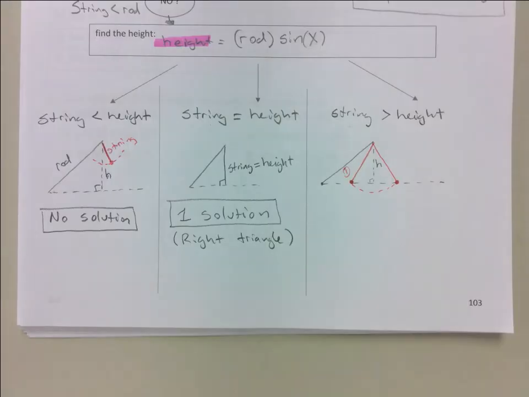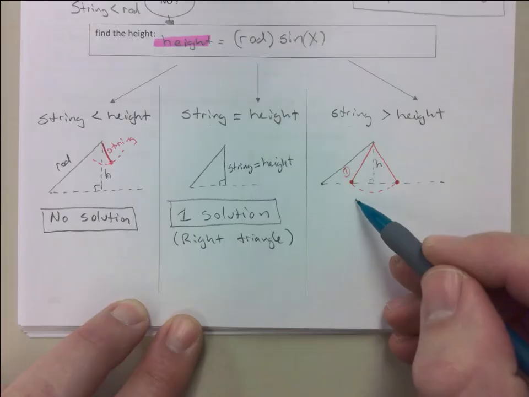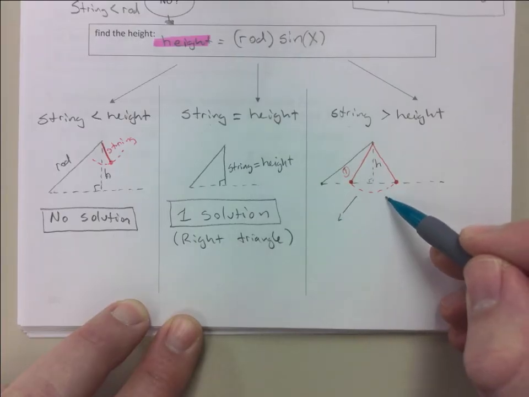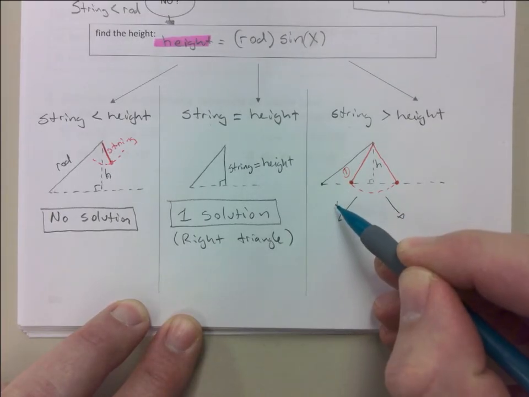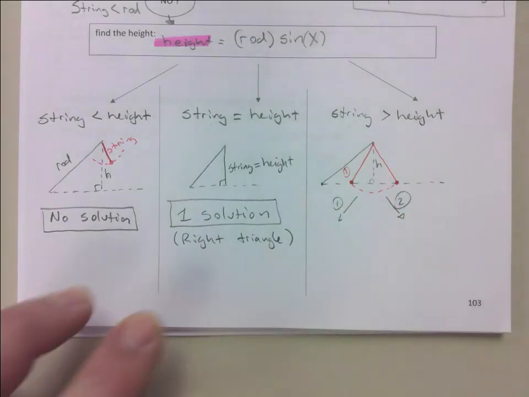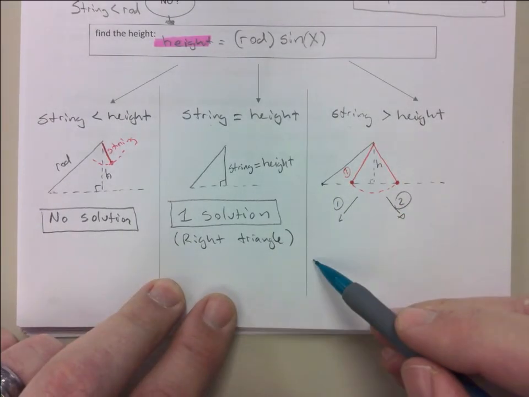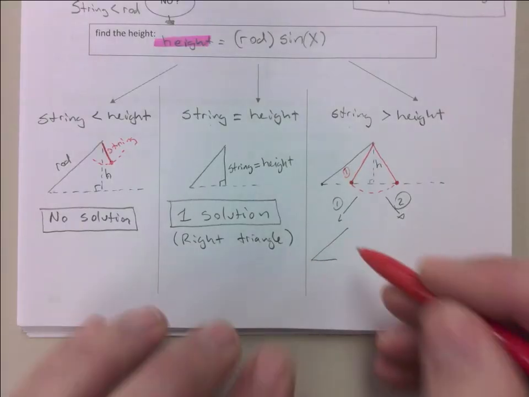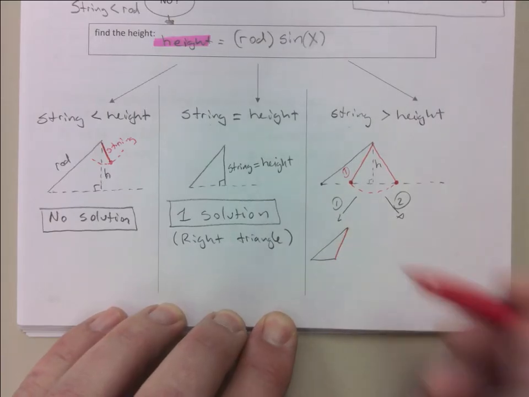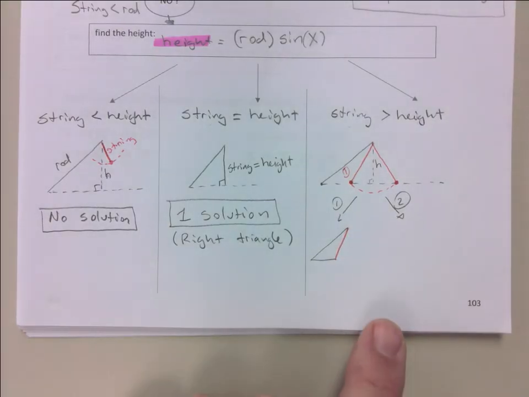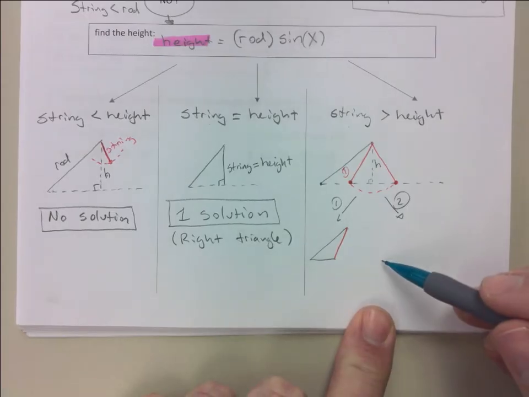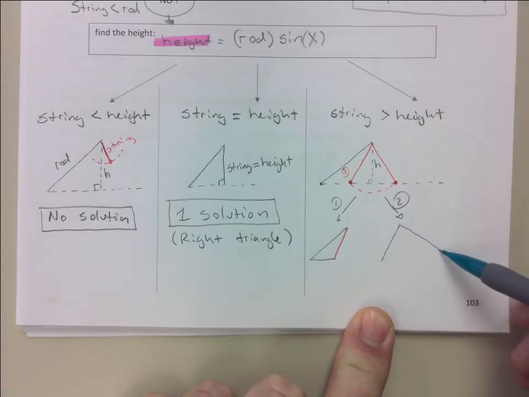So now I'm going to branch off into those two, okay? So you've got number one and number two. And remember, this is just a sketch. You don't have to have it look exactly.